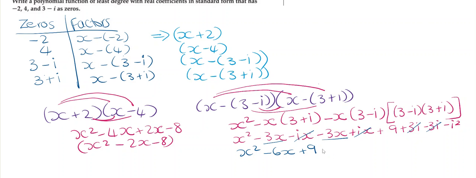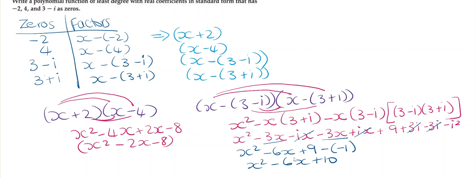Now we know that i squared is minus 1, because we know from complex numbers. So now we're going to replace this. So we've got plus 9 plus 1, so it's actually plus 10.